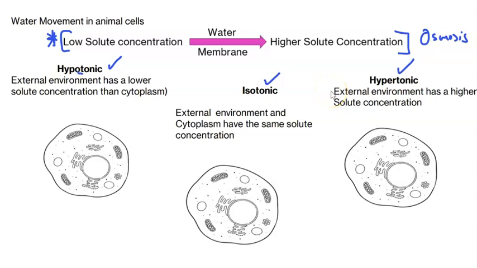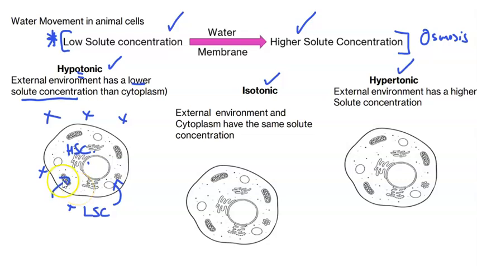In a hypotonic solution, the external solution around the cell has lower solute concentration. So in this one we have low solute concentration here, and a higher solute concentration here. So let's go to our prediction. The water will move from the low solute concentration to the higher solute concentration, so it's going to go into the cell like this.